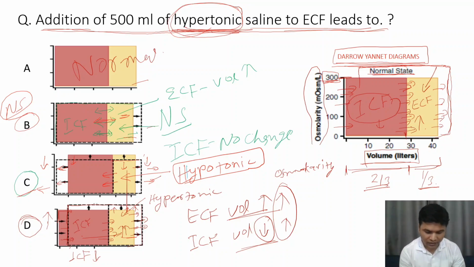And what about C? C is the hypotonic saline. If you infuse hypotonic saline, what will happen? Volume will increase and osmolarity will decrease in the extracellular fluid space.